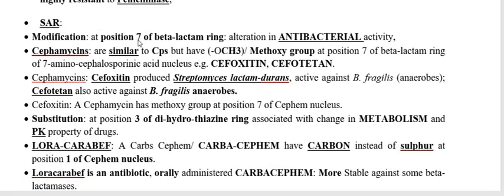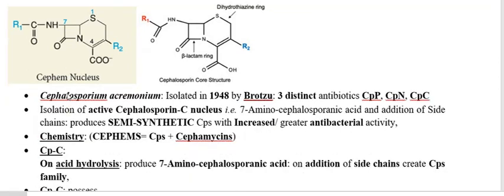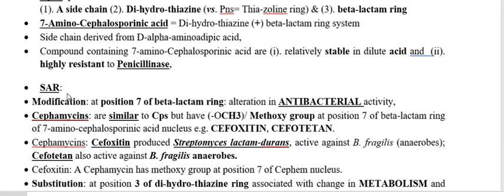Change at position 7 of the beta lactam ring increases antibacterial activity. And here is a very interesting point that I already mentioned: when you add a methoxy group, OCH3, at position 7, as a result you will get the antibiotic group that we call cefamycin.